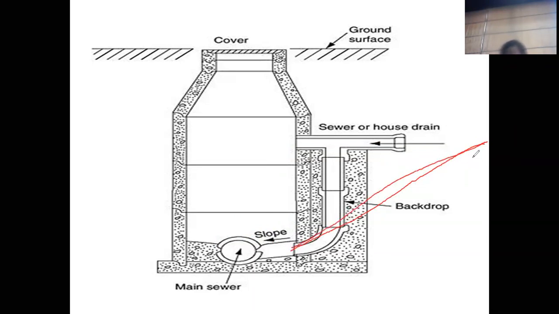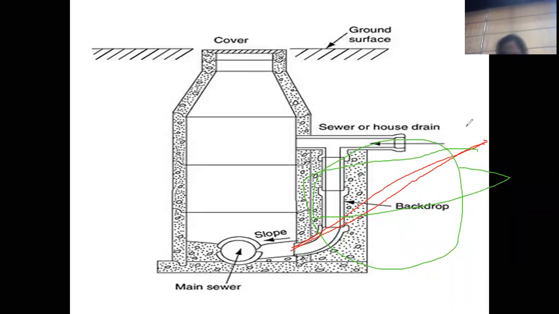What will happen in this way of connection? You need to extract this much area, this much portion of earth, and extraction of this earth will consume a lot of energy and in turn cost. So that is not allowed.